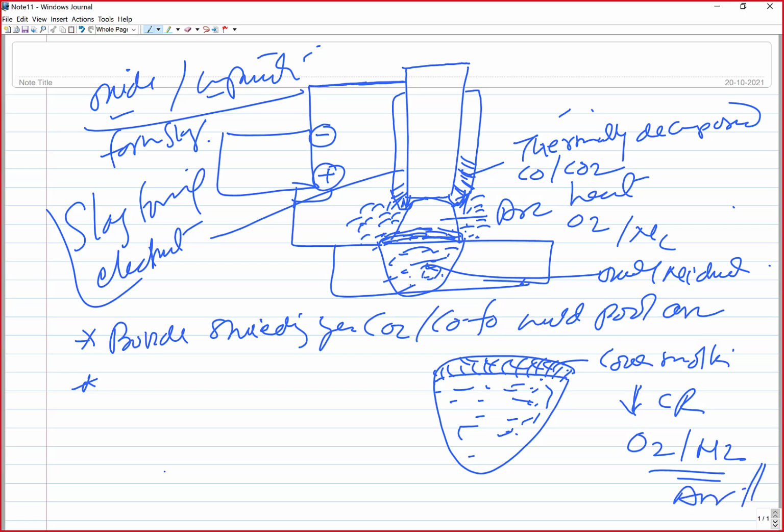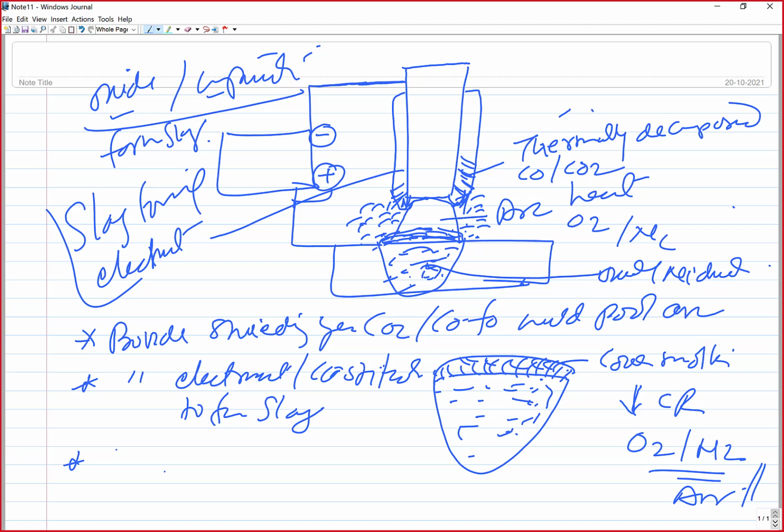So there are a number of good things. Basically the second role of the flux coating is to provide constituents to form slag after interaction with the impurities and oxides.